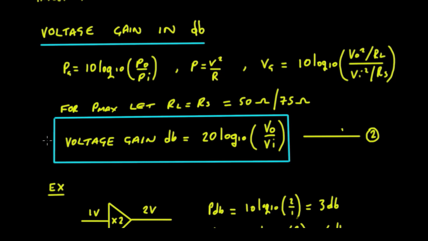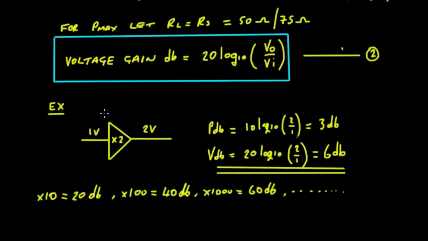A little example: if we've got 1 volt in and 2 volts out, our gain is times 2 in terms of voltage, so the voltage gain is equal to log to the base 10 of 2 upon 1 times 20, which is 6 dBs, but the same value in terms of power would be 3 dBs.